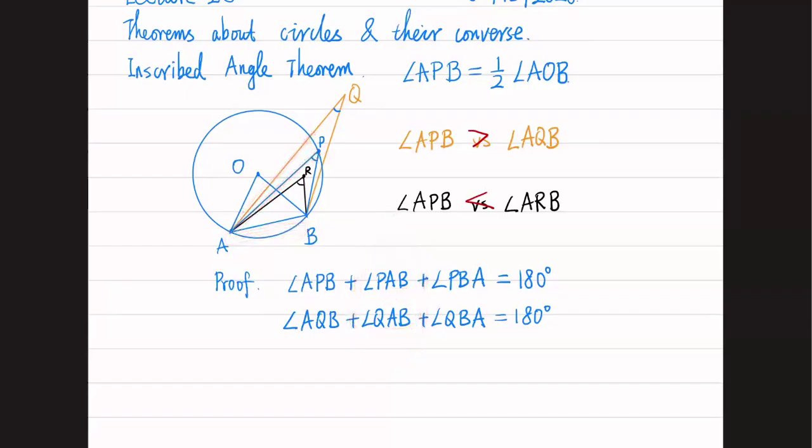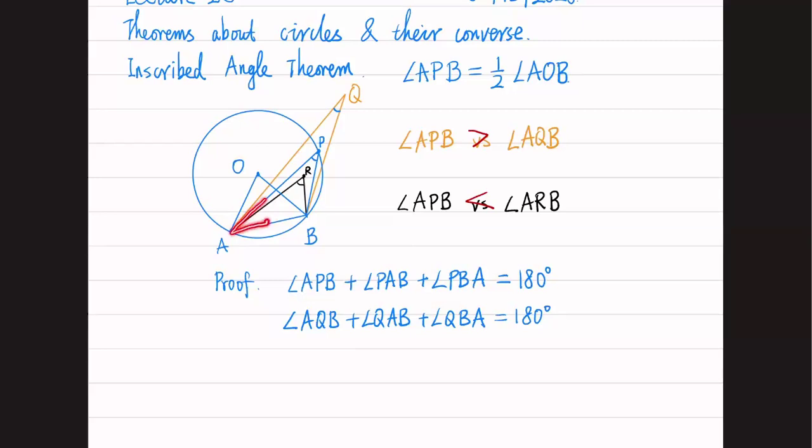PAB is the interior angle of APB. So which one is bigger, which one is smaller? PAB is bigger, QAB is smaller. Oh, wait. There's a kind of a conflict here, but I'll just say PAB is bigger.